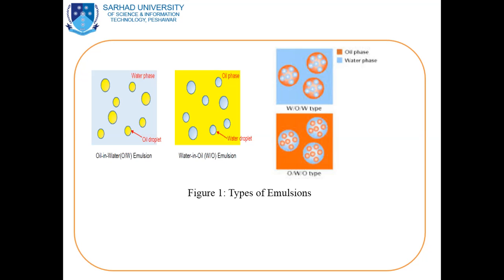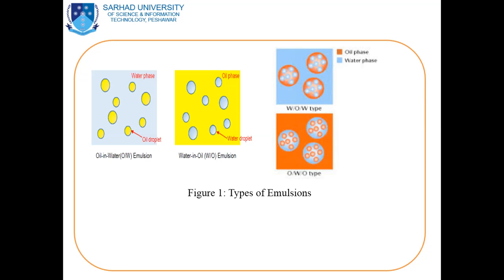On the left side, you can see the first figure indicating oil and water type of emulsion, in which the oil droplets, shown as yellowish colored droplets, are distributed in the water phase. In the middle, the water droplets are shown distributed in the oily phase, and it is termed as water and oil type of emulsion.